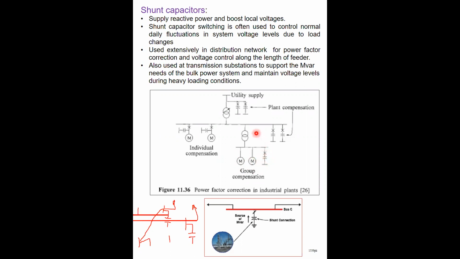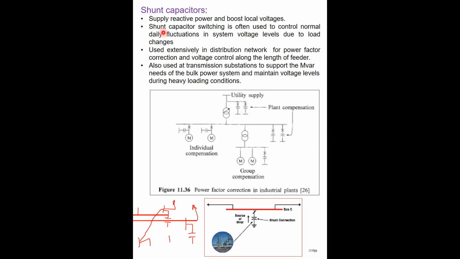Then again, you can see that for the overall plant level, we also have compensation at this end or maybe at this common bus bar. So this could be a plant compensation here, right?